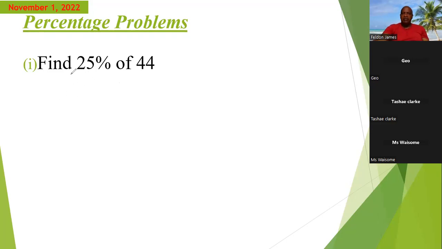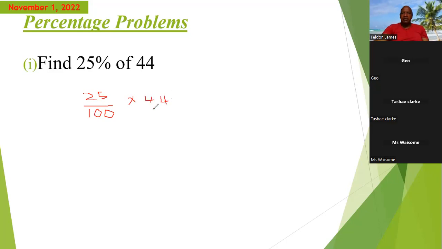If 25% is a fraction, then we know that 25% is 25 over 100. So if you're writing this as a fraction of 44, clearly we just need to multiply it by 44.